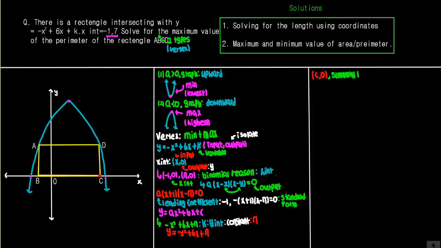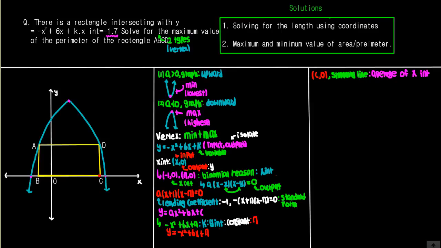Our symmetrical line is the same thing as the average of the x-intercepts, which means it is a line that divides this whole quadratic function into exact halves.